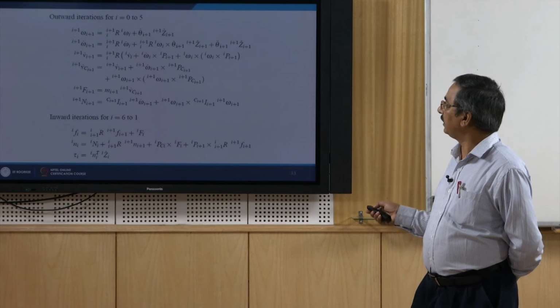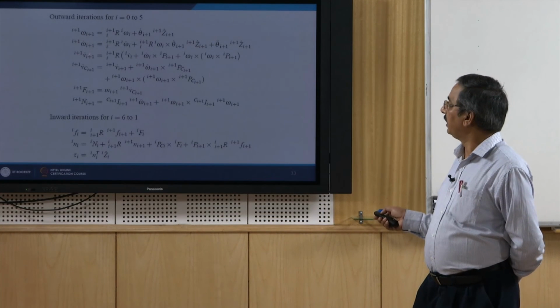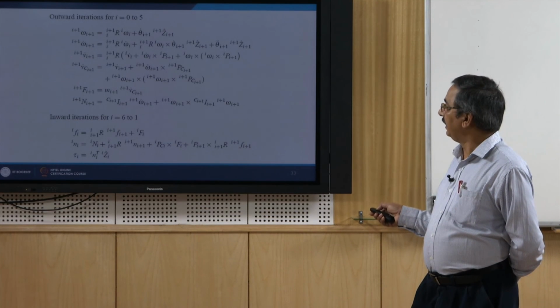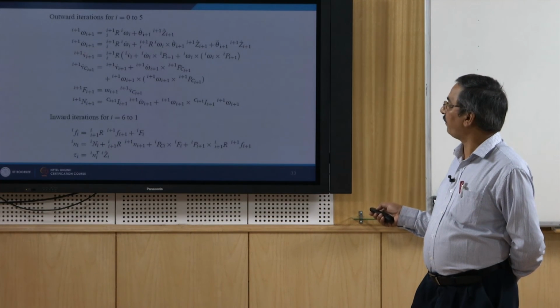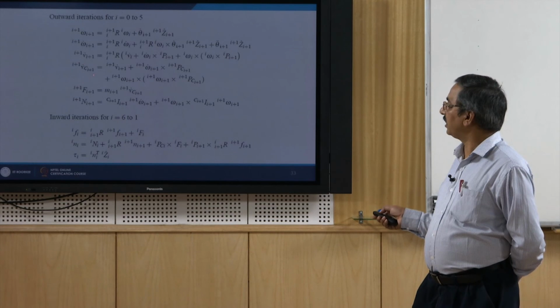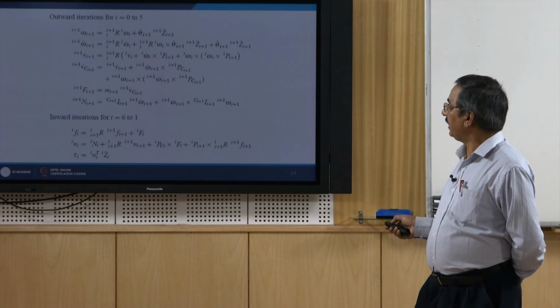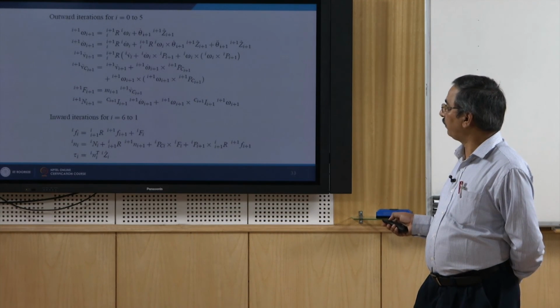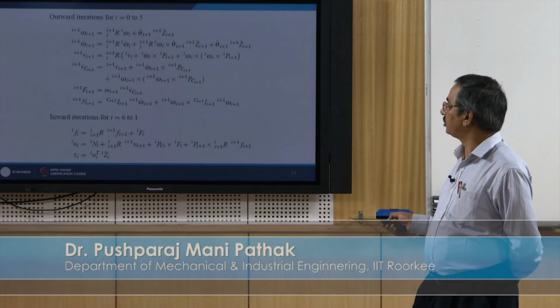Then we find the angular acceleration. Here we find the linear acceleration of the origin of frame i plus 1 with respect to frame i plus 1. Then we find the acceleration of the center of mass. Then we calculate the inertial forces and the inertial torque.